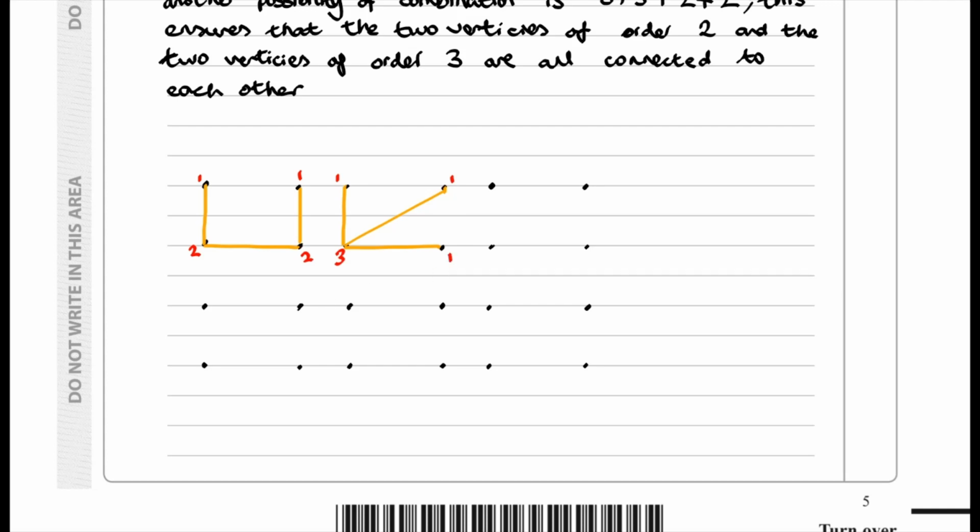The other possibility is this situation, where you'd find we have orders of 2, 2, 2, 2. Another possibility, we can have this situation where we have this connected to this connected to this connected to this, and then this connected to this, and you'd see that the orders we have 1, 2, 3, 2.